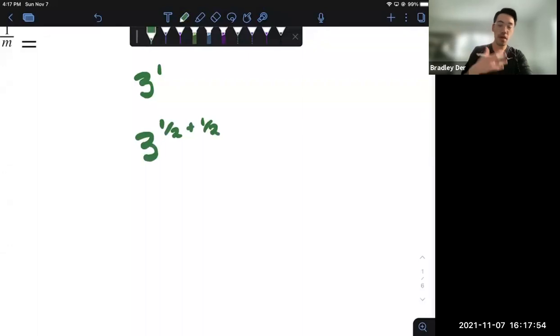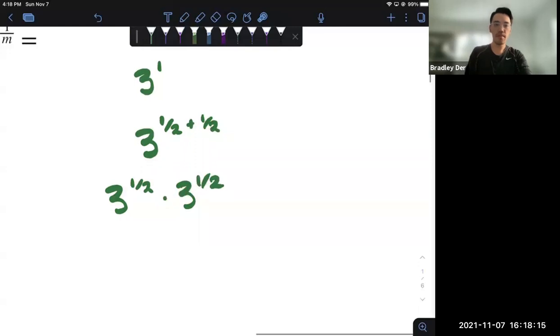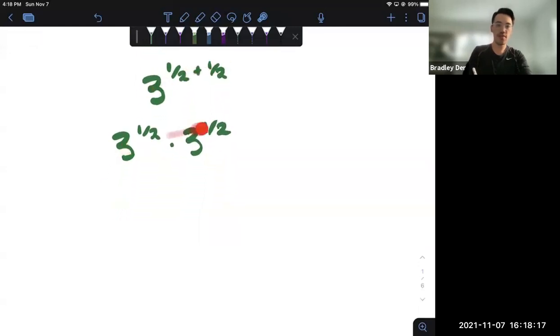If we use our product rule, the addition of exponents symbolizes a product of exponentials. So by adding these exponents, we can split this up. Keeping the base of 3, this 1/2 comes over here, this 1/2 comes over there, and we're multiplying in the middle. So these two expressions are equivalent to each other.